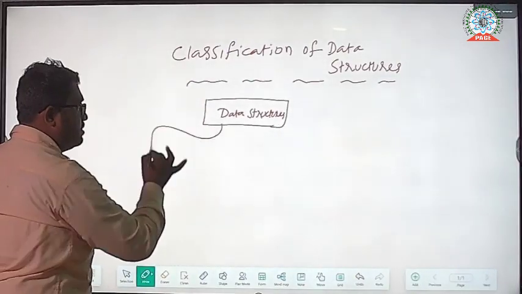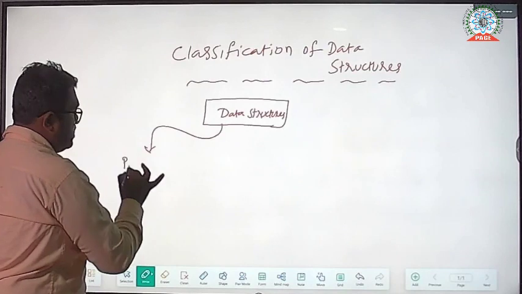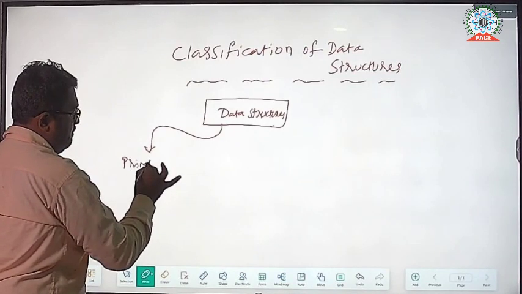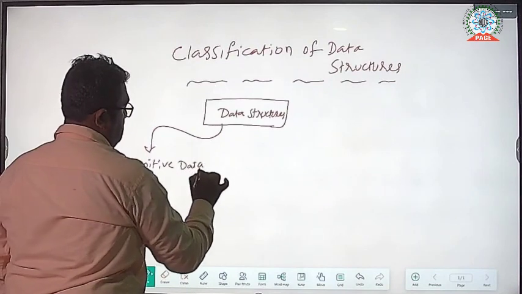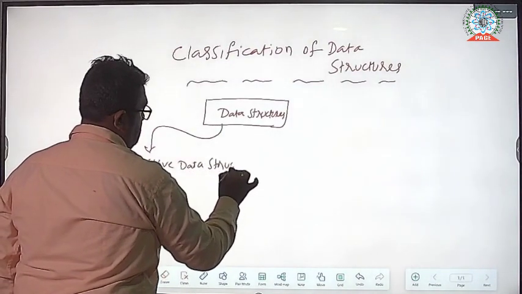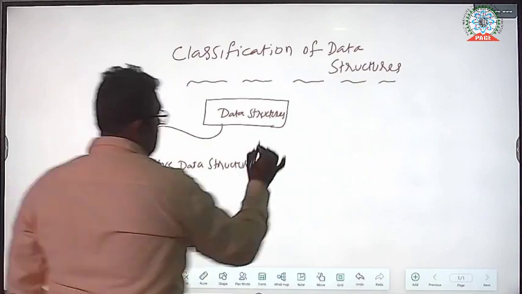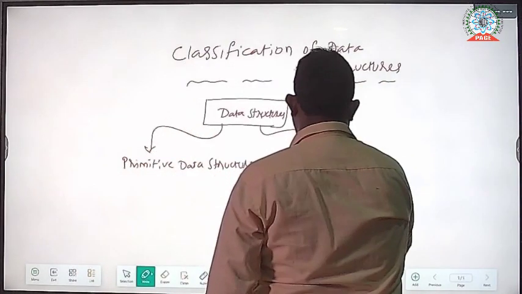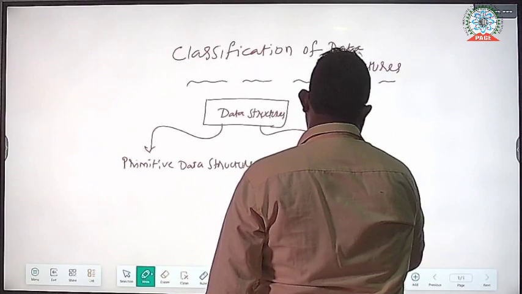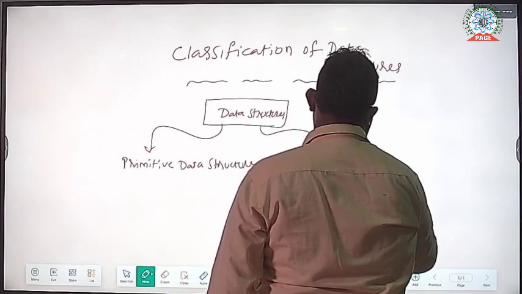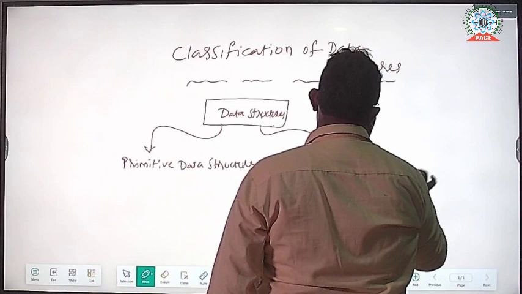One is primitive data structures, and another one is non-primitive data structures.